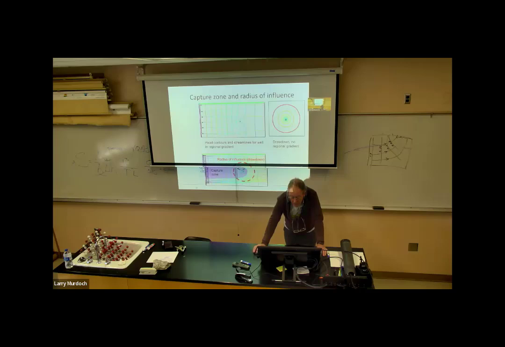So these concepts of radius of influence and capture zone both indicate what the well is doing to its surroundings. But one of them is an effect on the hydraulic head, and one of them is an effect on the contaminants, or where the water that the well is producing is coming from.